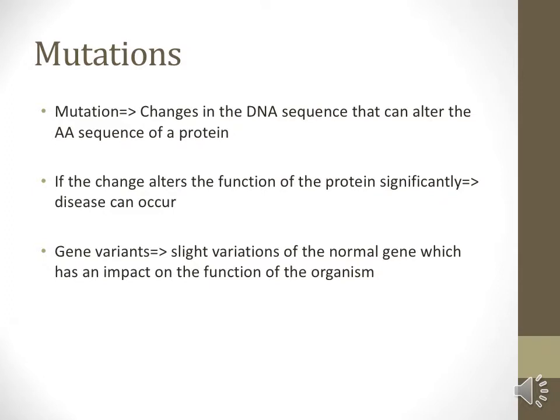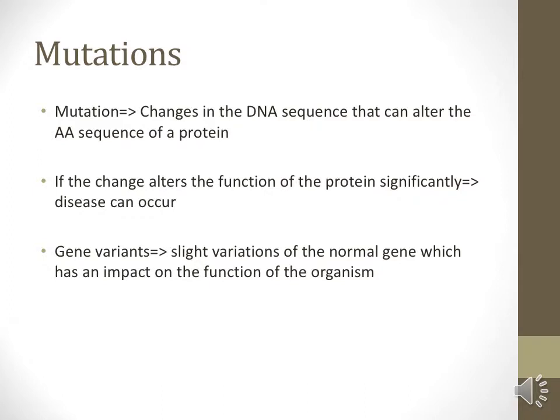In the field of genetics, you will hear a lot about gene mutations. A gene mutation is simply a change in the DNA sequence that can alter the amino acid sequence of a protein. It doesn't always alter it, but it can alter it.